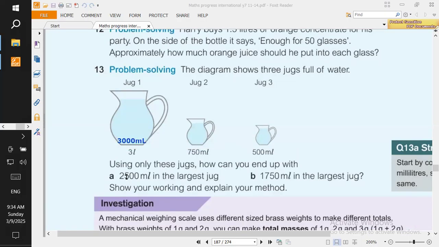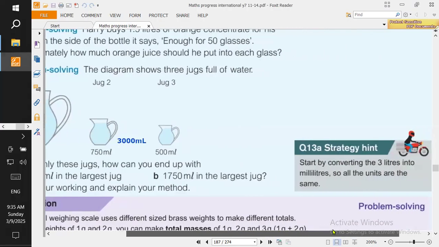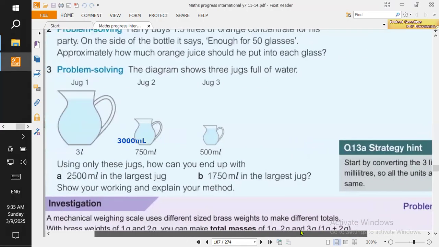Now, how can you end up with 2,500 milliliters? So I want to remove 500 milliliters from here. So I have to put it in this jug, but they are full of water. The idea here is 1,750 milliliters in the largest jug. Okay, now they gave us a hint here. Converting, so all the units are the same.